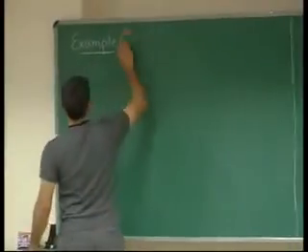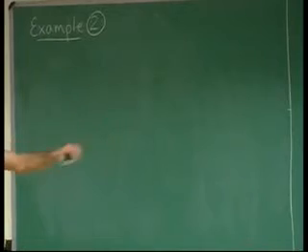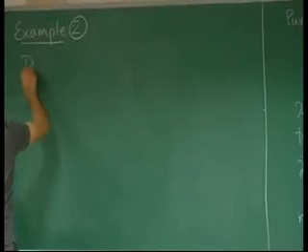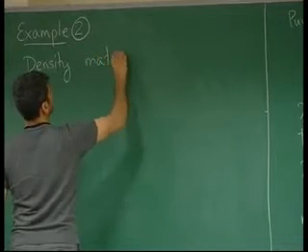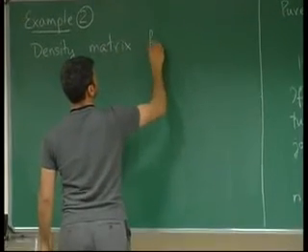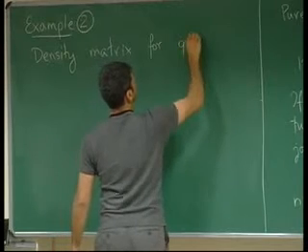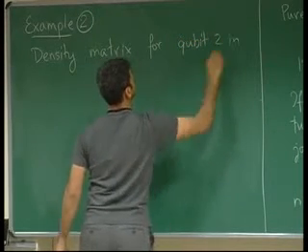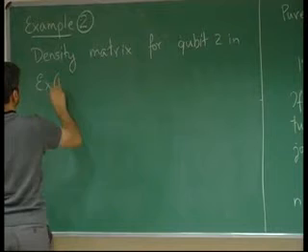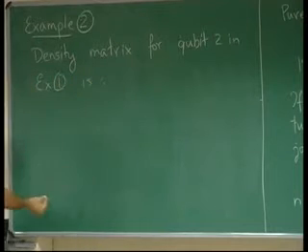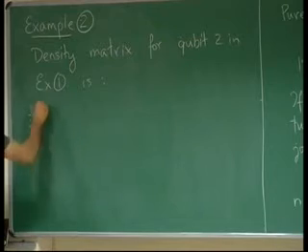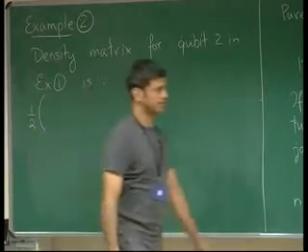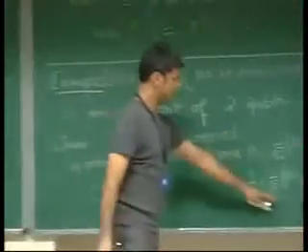The density matrix corresponding to qubit 2 in example 1 is given by this uniform combination, which is 1/2, and now I take the outer product of the first vector with itself and then 1/2 times the outer product of the second.